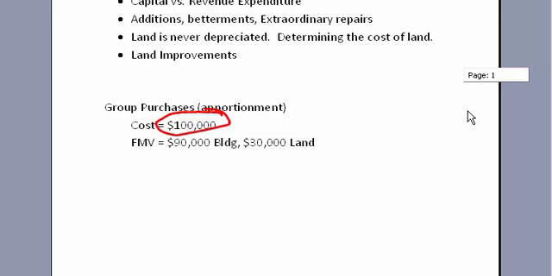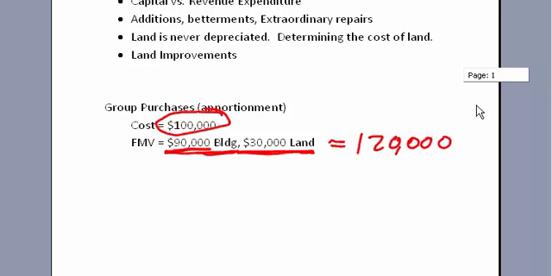Well, if we take the fair market value of the building here and see that it's $90,000 and the fair market value of the land's $30,000, we have to come up with some way of knowing how to record. And it's very simple. We take the total of that, which is $120,000 fair market value. Then we have 9/12 for the building and 3/12 for the land.